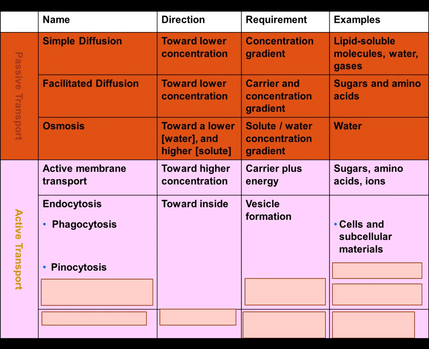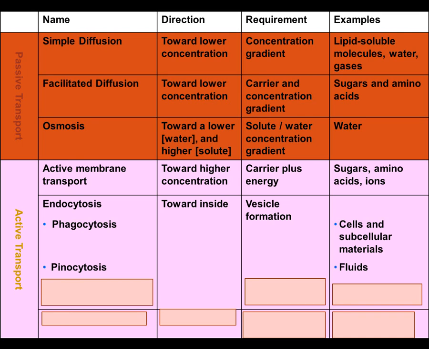The pino is referring to drink. So this is referred to as cell drinking. And that's how it can get larger amounts of fluids into the cell. Pinocytosis is the way that a cell can get extra fluids inside of it.